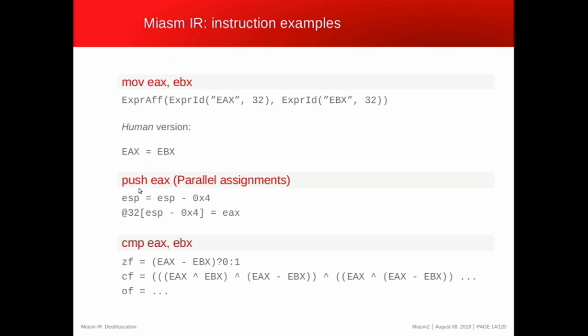So you have here two equations that are done in parallel: the update of the stack pointer and the storage of EAX at the top of the stack. And in fact, this ESP here has nothing to do with this ESP here. This one is the source of the assignment here. And there is much more complicated stuff, for example, the comparison between two registers.